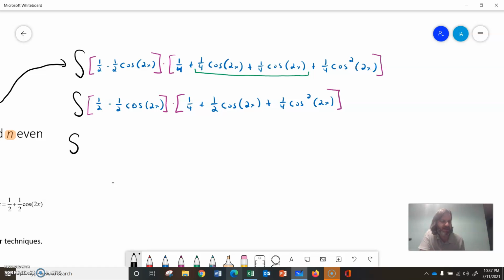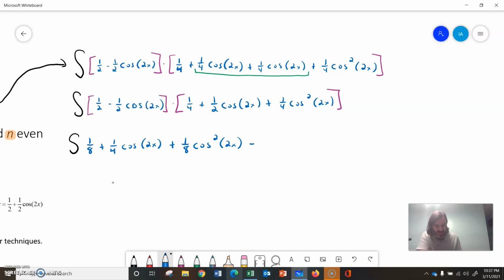So I'm going to take 1/2 from my first quantity and multiply it times everything in the second quantity. So that's going to give me 1/8 plus 1/4 cosine of 2x plus 1/8 cosine squared of 2x. And now I'm going to take the negative 1/2 cosine of 2x from the first quantity and multiply by everything in the second quantity.